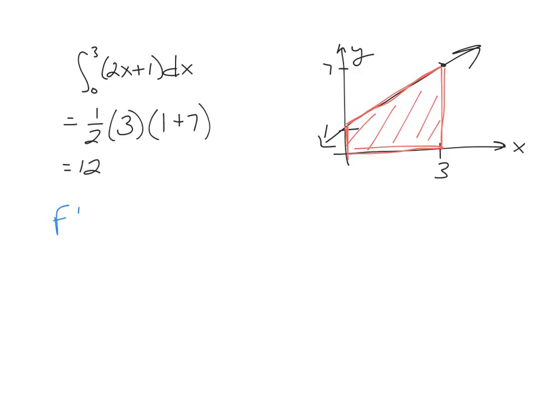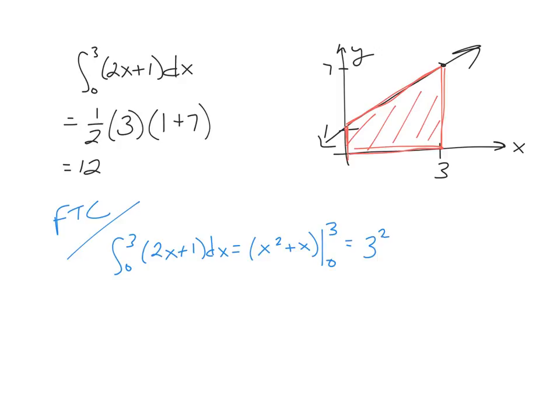Now the fundamental theorem of calculus allows us to evaluate this integral by using the antiderivative. So what we do is we first take the antiderivative of 2x plus 1. So we get x squared plus x, but we still have to worry about this 0 to 3. What we do is we first substitute 3.